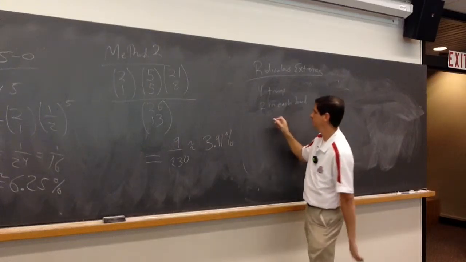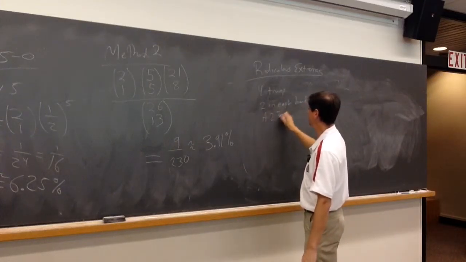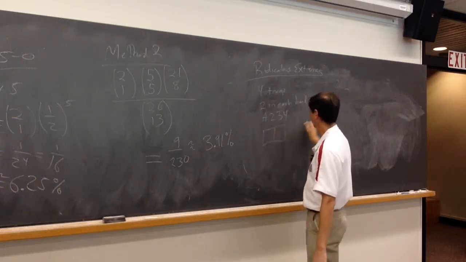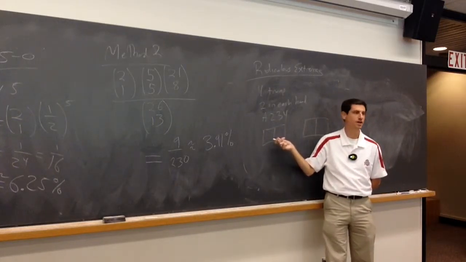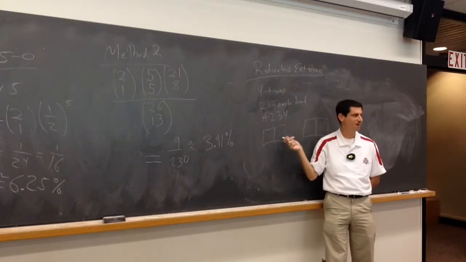Let's say it's the ace, the deuce, the 3, and the 4. What's the probability my first player gets the ace of hearts? The 2 of hearts. Half. 3 of hearts, a half.